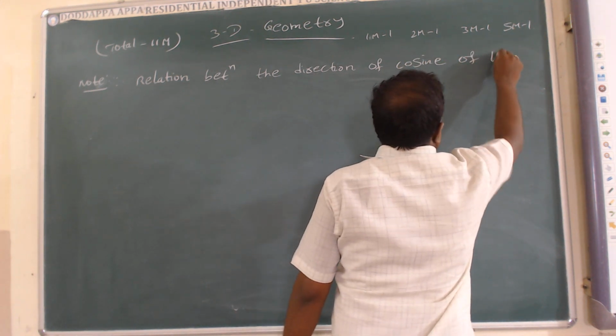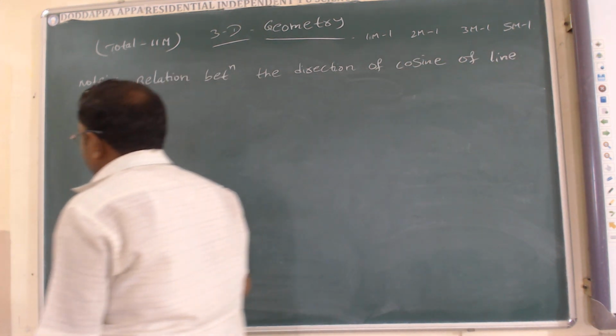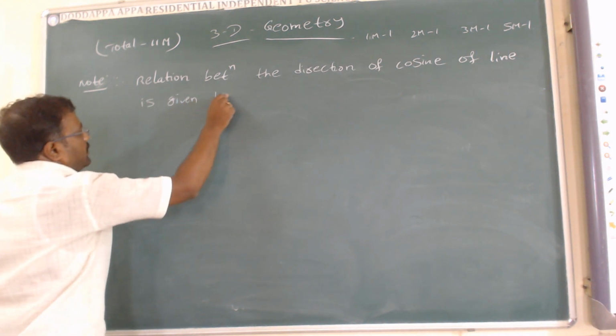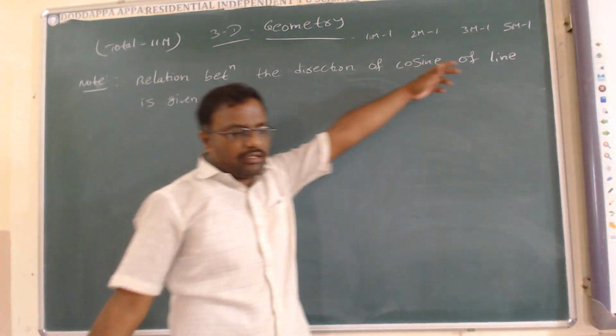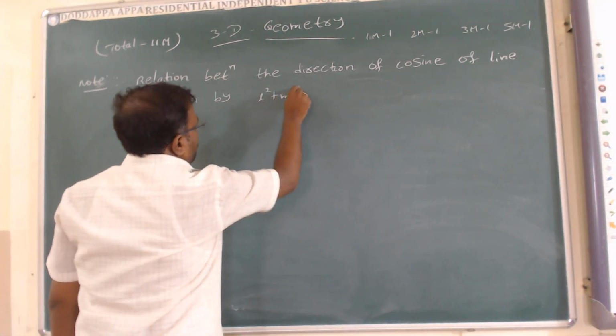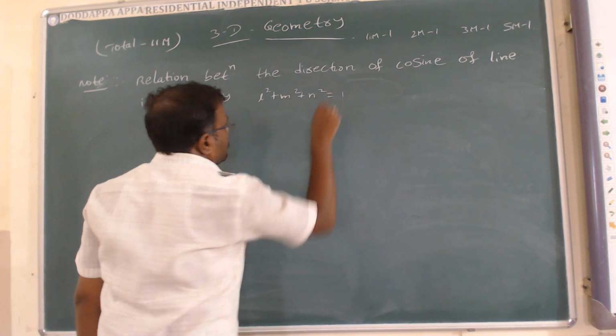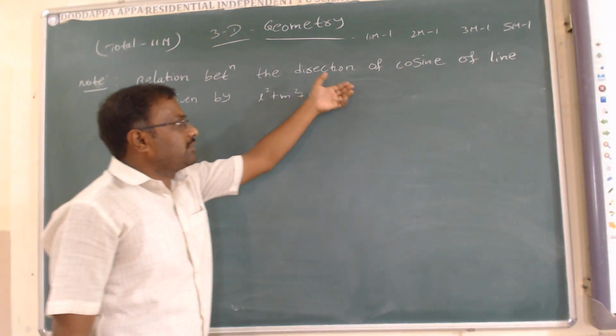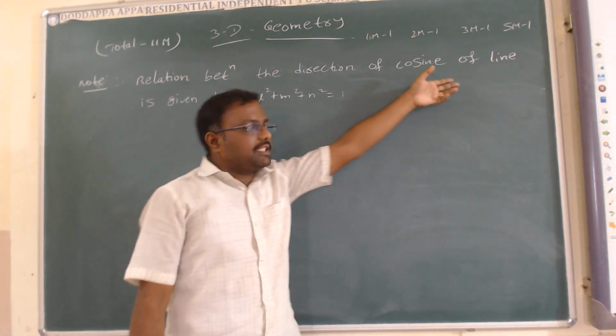Just remember this point. The relationship between the direction cosines of a line is given by l square plus m square plus n square is equal to 1. You have to find the direction cosines as in the last, previous problem.